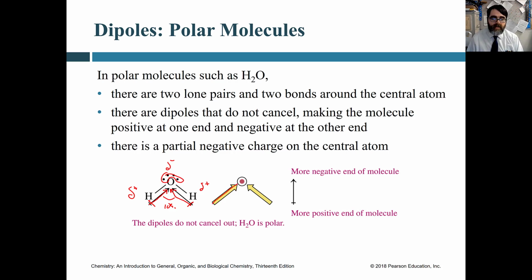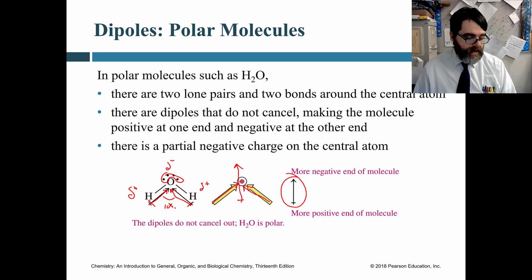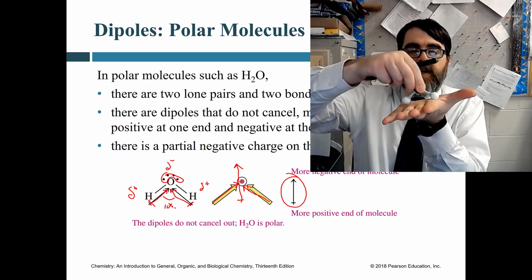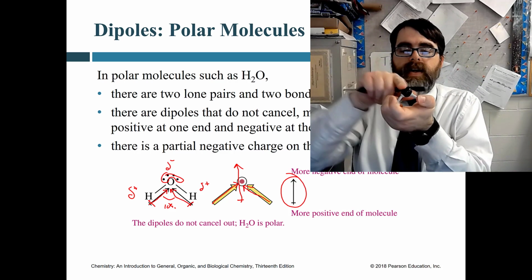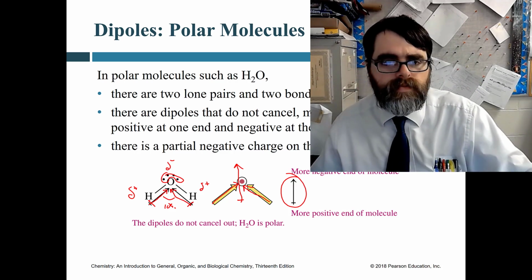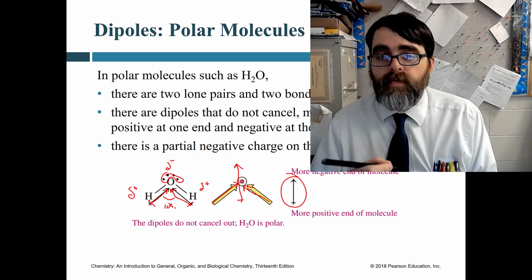There's a pull up and to the left, and a pull up and to the right. The left and right components cancel out, but the up and down parts don't, and we end up with a positive side and a negative side of the molecule. It's literally a positive side down here with the hydrogens and a negative side up here with the oxygen. And so we have a polar molecule.